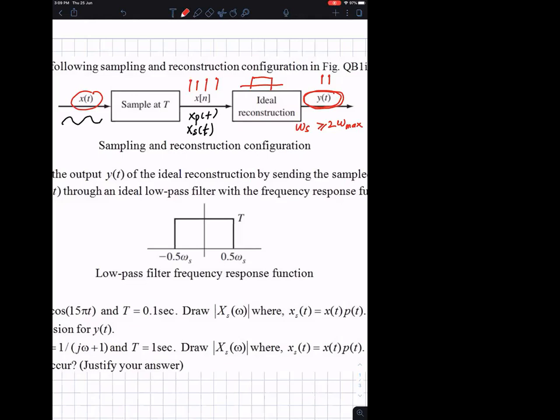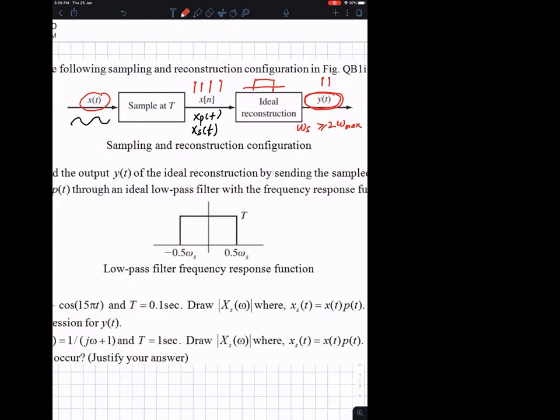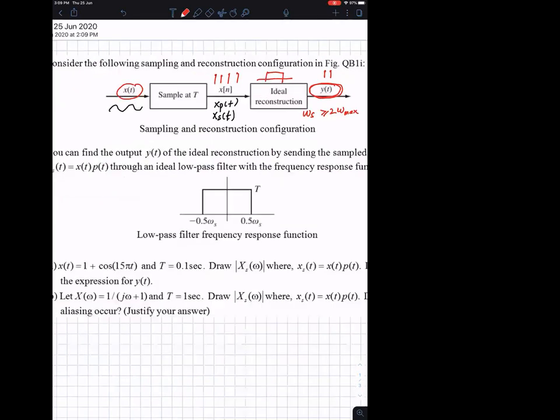If you haven't gone through the previous notes, maybe you'll still be confused. If you've gone through them, then you wouldn't be confused now.